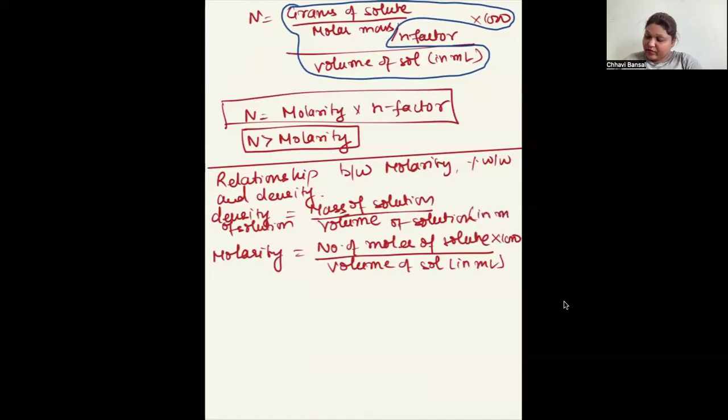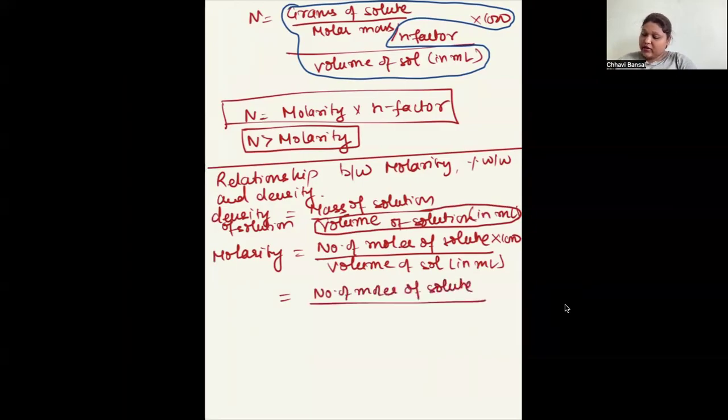Now, can we find the value of this volume of solution in ml? It will be equal to mass of solution divided by density of solution.